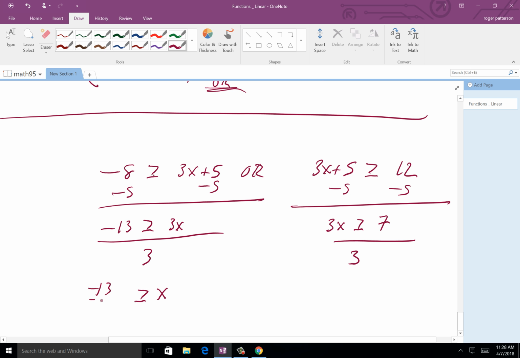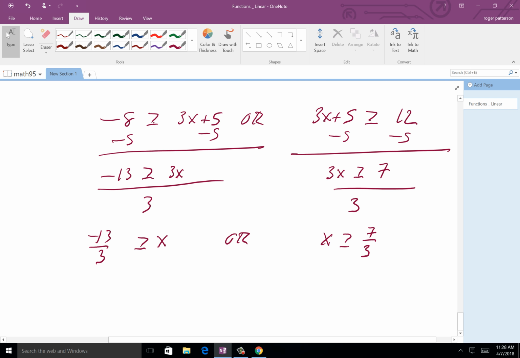In interval notation, we're going to write this as negative infinity to negative 13 thirds, right? The little U shape, parentheses, 7 thirds, except this should be a bracket here because it's equal to it. There we go, bracket. To positive infinity, parentheses.